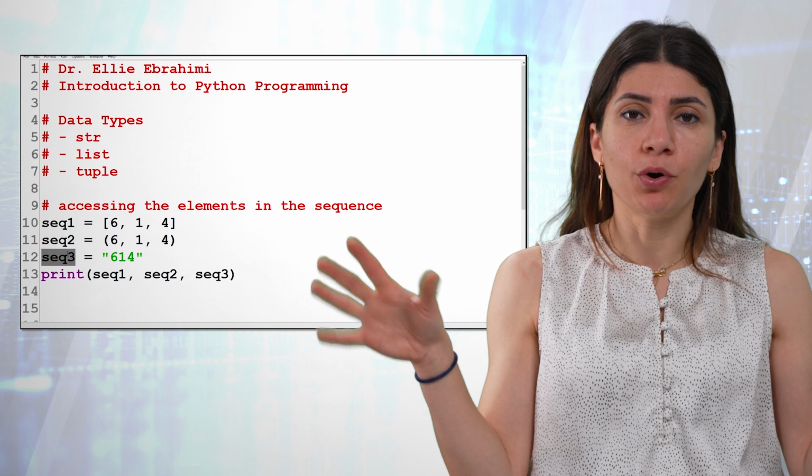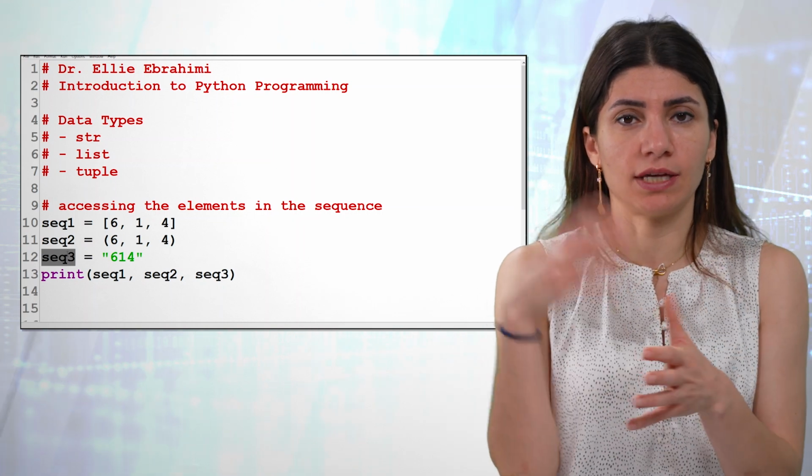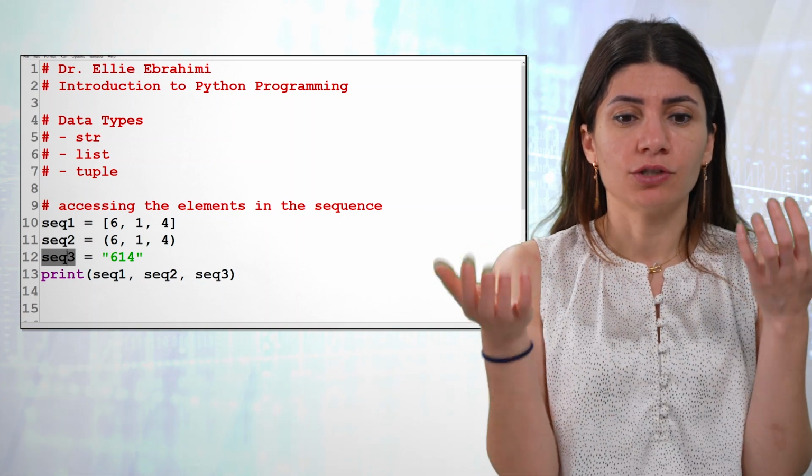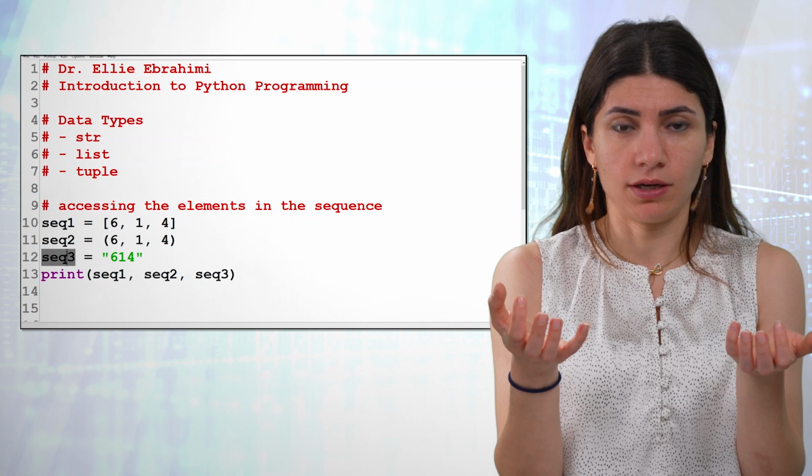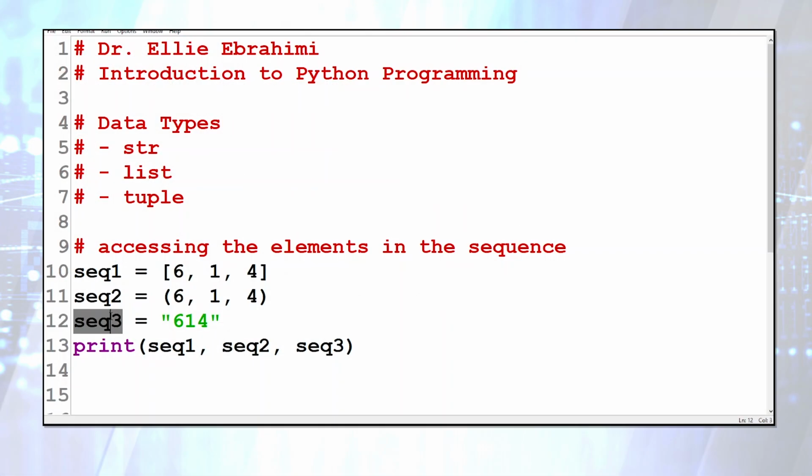Okay, now let's put the name of the sequence and the index number together. Whenever you want to access something, we always use brackets. So I'm going to say, okay, this is the name of my sequence. From this sequence, I want to access index number 0. From sequence 2, I want to access index number 0.